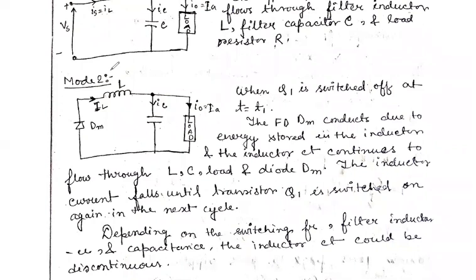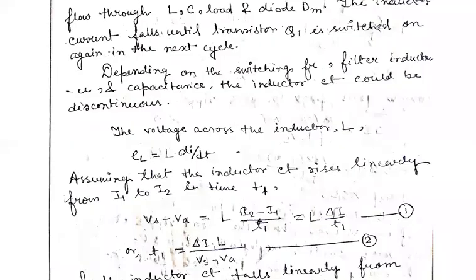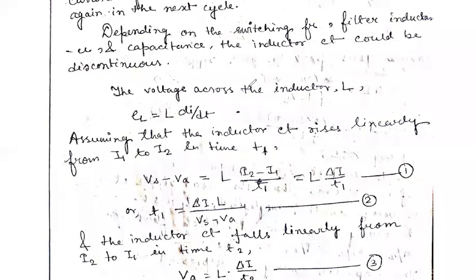And this inductor current flows through the inductor, capacitor, load, and this freewheeling diode. So the inductor current falls until the transistor Q1 is switched on again in the next cycle, because the energy is going to reduce. Now, depending on the switching frequency, the filter inductance and capacitance, the inductor current could be discontinuous.